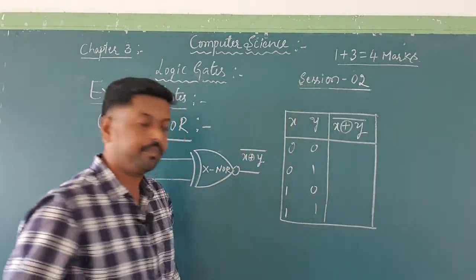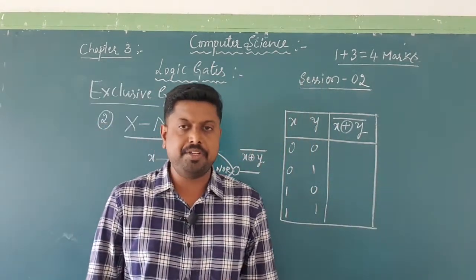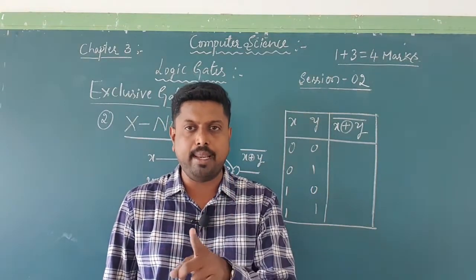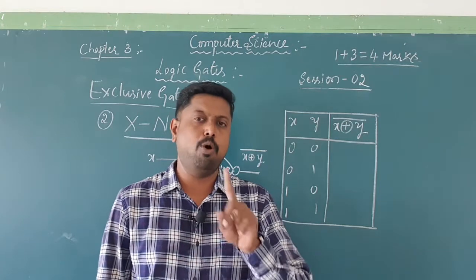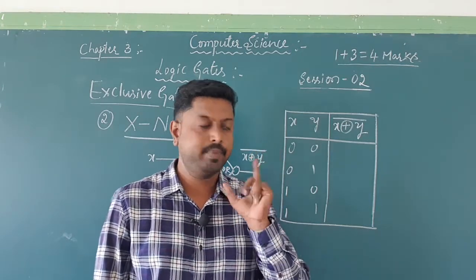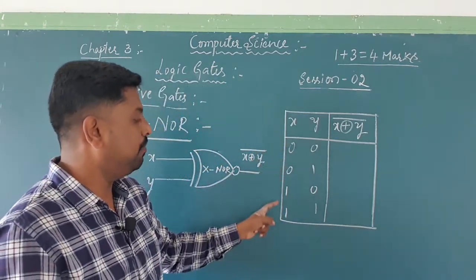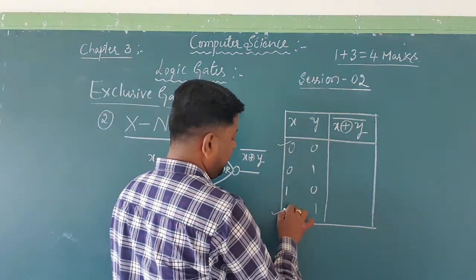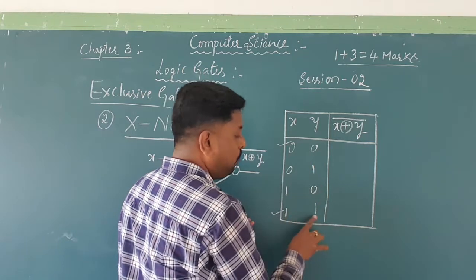See here. As the definition says, the XNOR gate will produce 1 where both inputs are the same. In this truth table, both inputs are the same for this condition and also this condition, either 0 0 or 1 1.